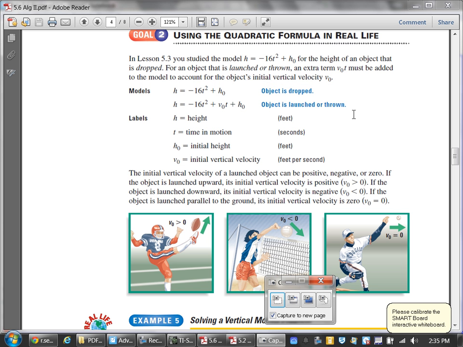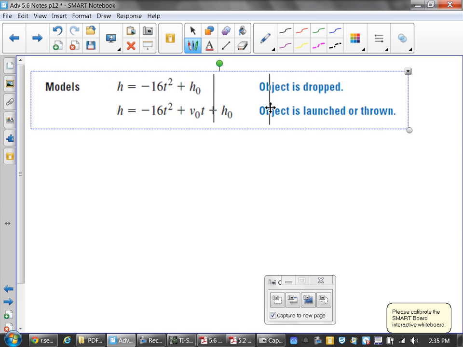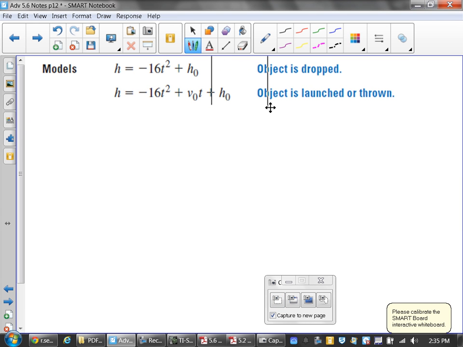The types of things that you're going to get, and tonight's stuff is very straightforward, are all going to use the same sort of model. A lot of the word problems that deal with quadratic functions, you're going to get the model. You'll have to figure out what's the maximum, what's the distance, things like that. Knowing what parts of a parabola are when you graph something makes your lives very easy.